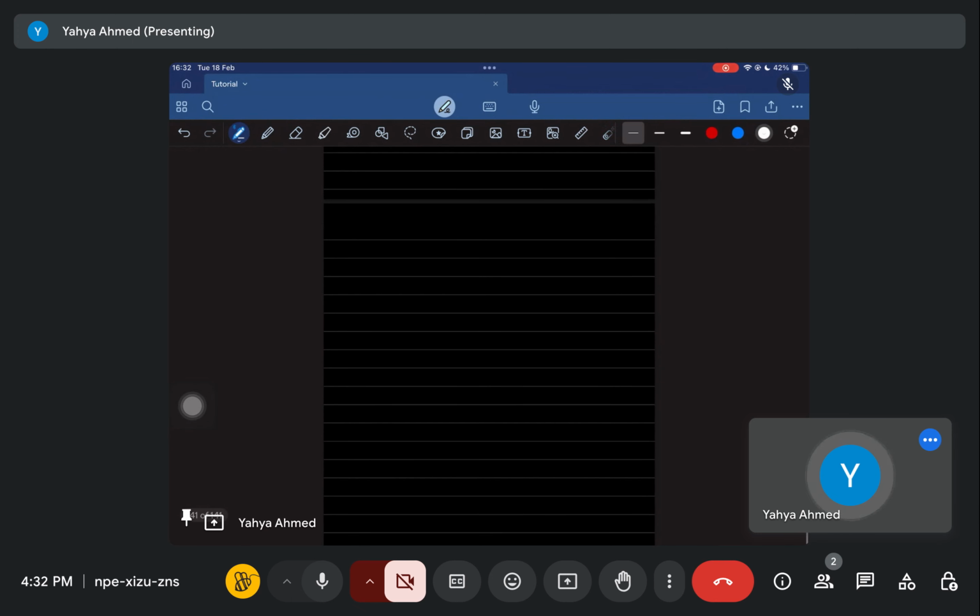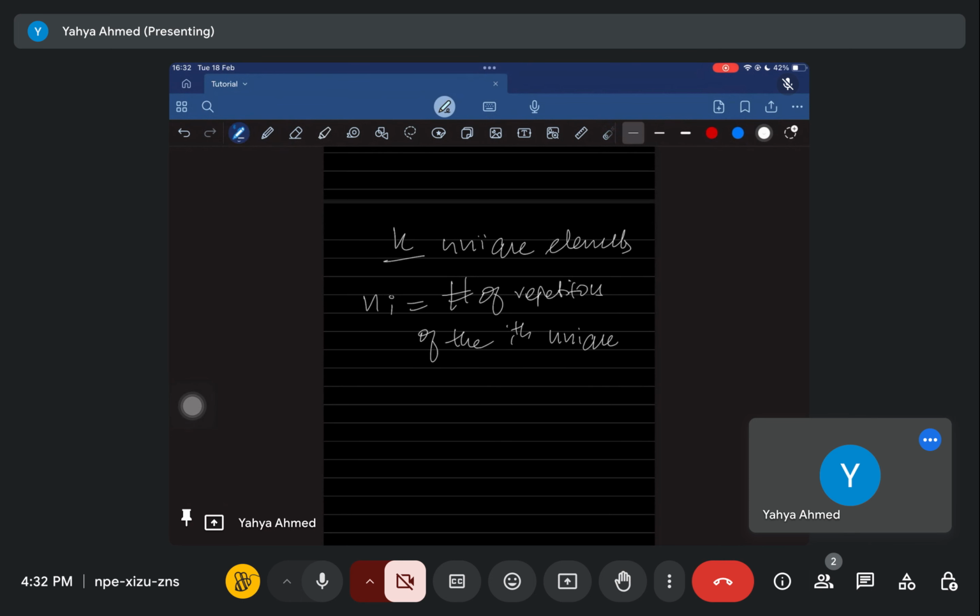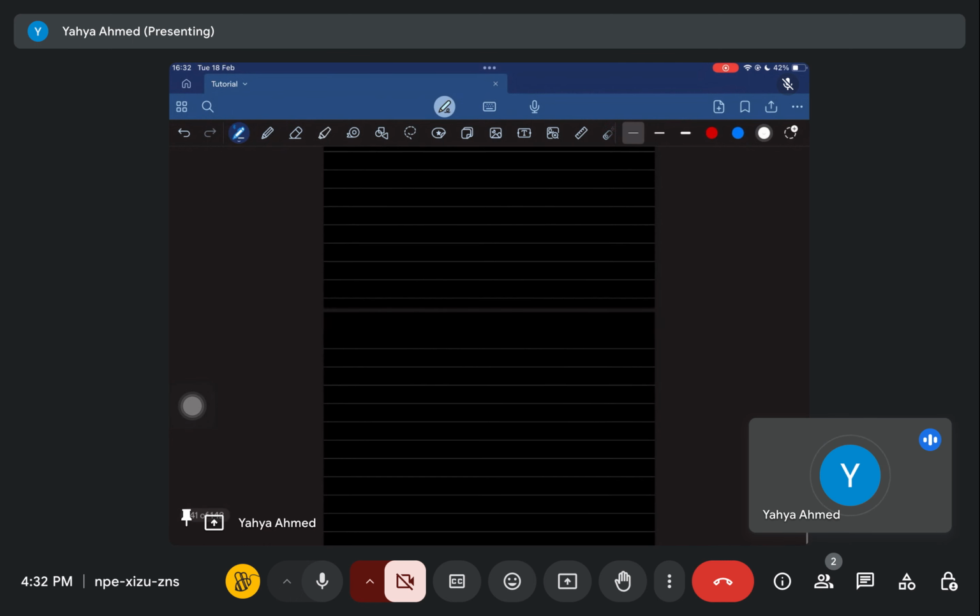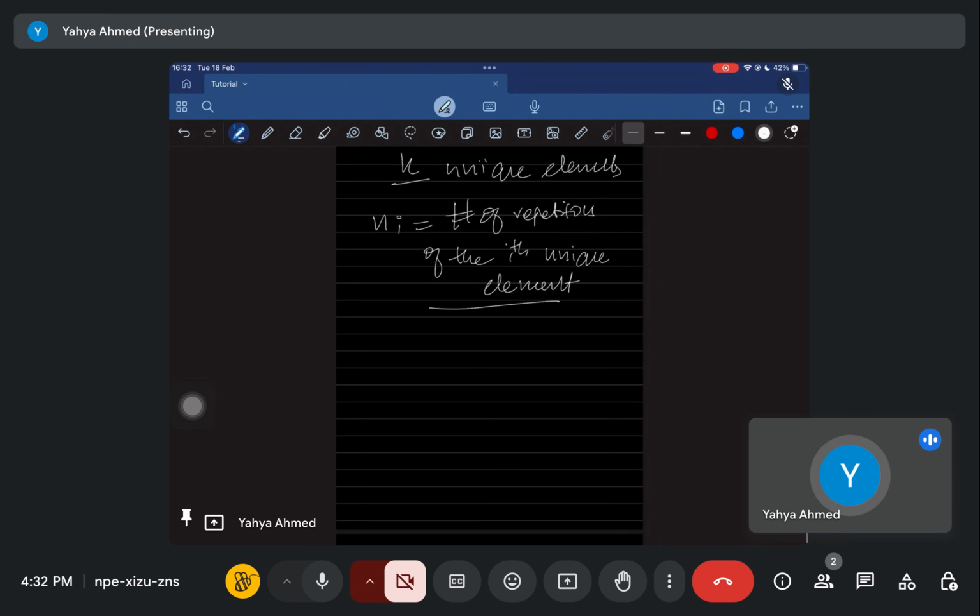In general, if I had k unique elements, where ni is the number of repetitions of the ith unique element, then I can write my entire repetition for any given permutation in my array of size n, which has k unique values, where the ith unique element has ni repetitions.